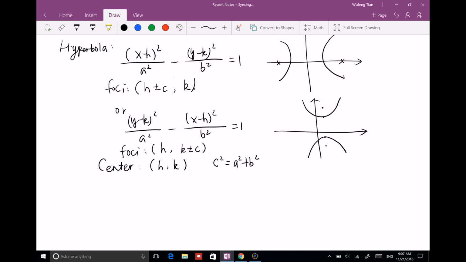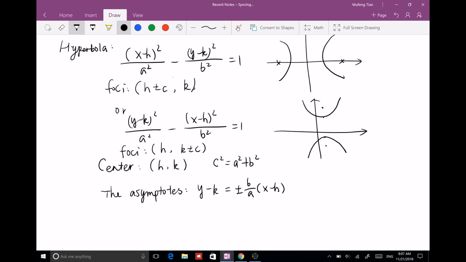And I also have the asymptotes. The asymptote is y minus k equals plus or minus b over a times (x minus h).